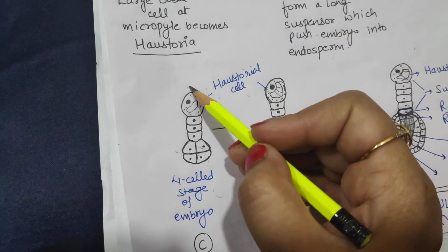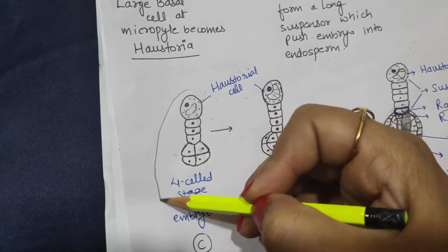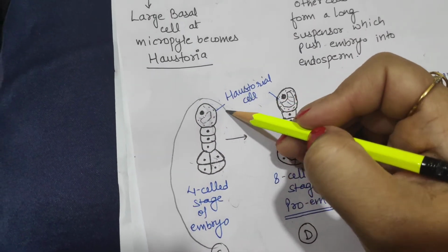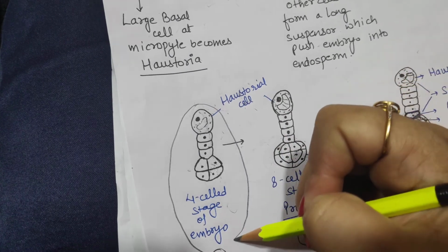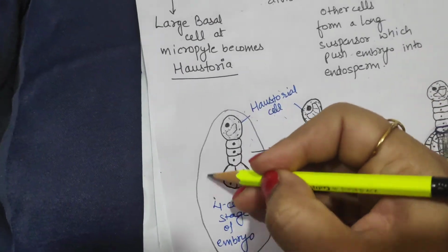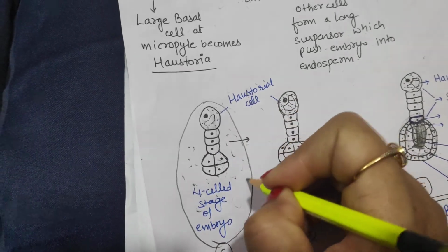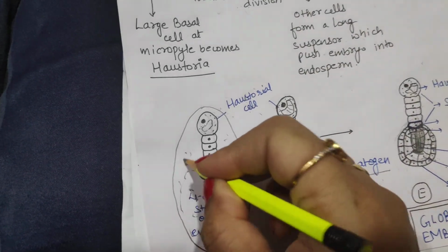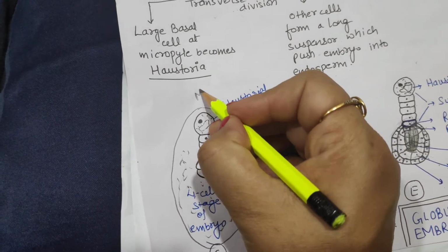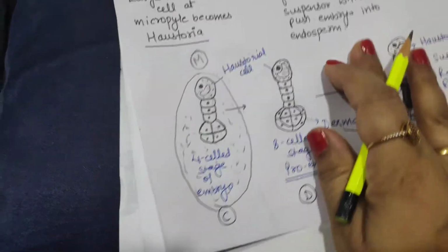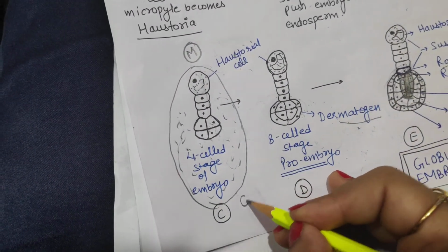Again, if the structure is not clear to you, then imagine this way: this is your embryo sac, and this embryo sac is completely filled with the endosperm. This is your micropylar end and this is going to be your chalazal end.